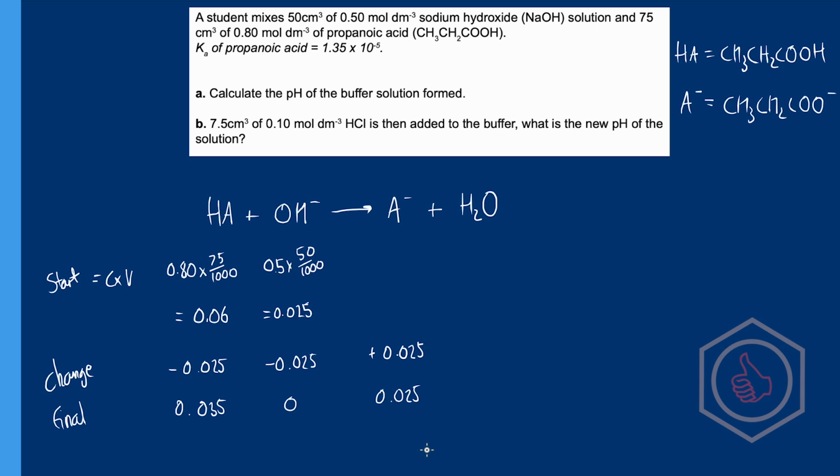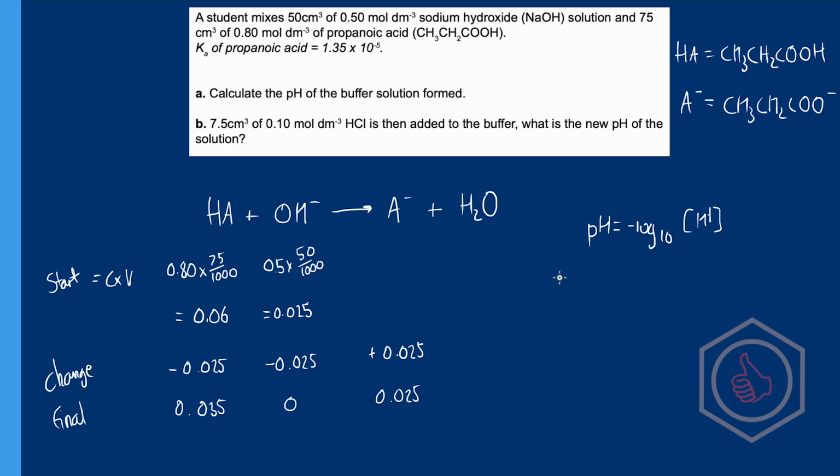The next thing we need to consider is how to calculate pH. Well, pH equals minus log to the base 10 concentration of H+. So we need to calculate the H+ ion concentration to find the pH.